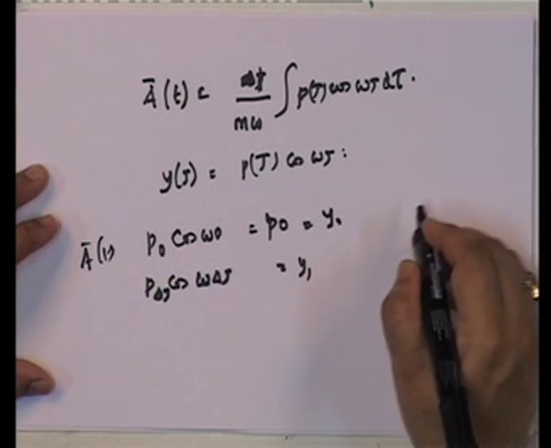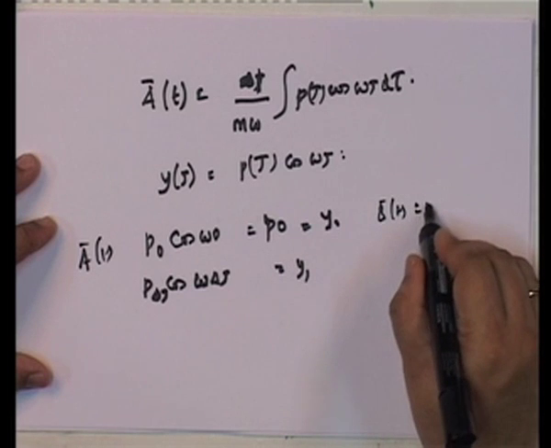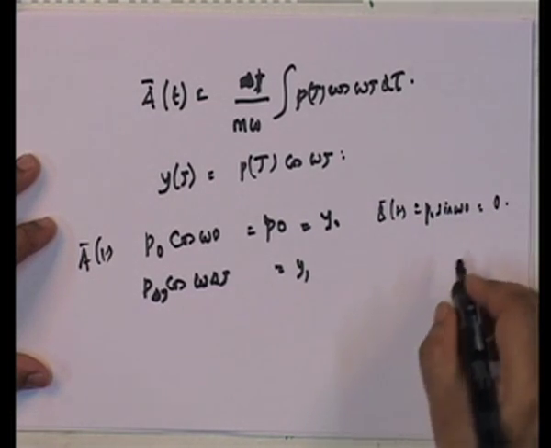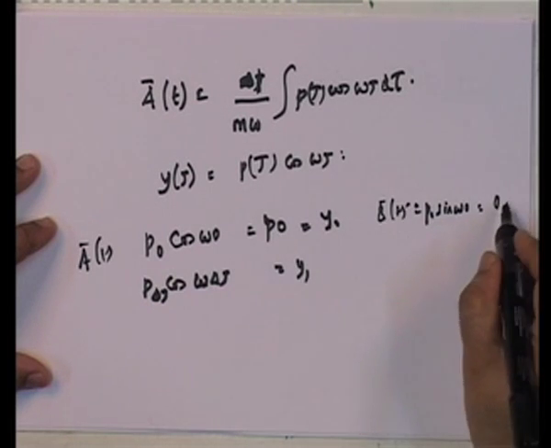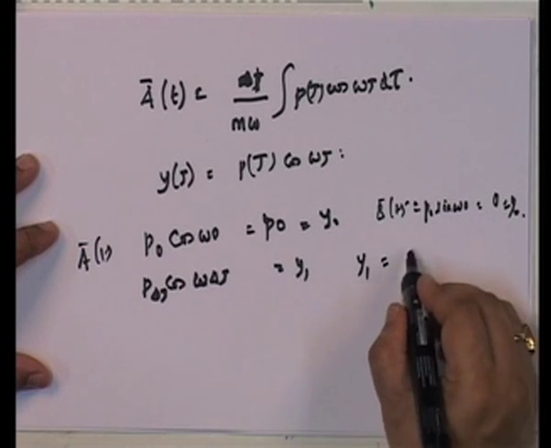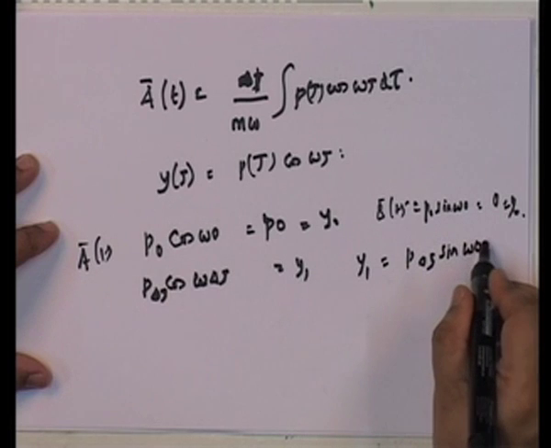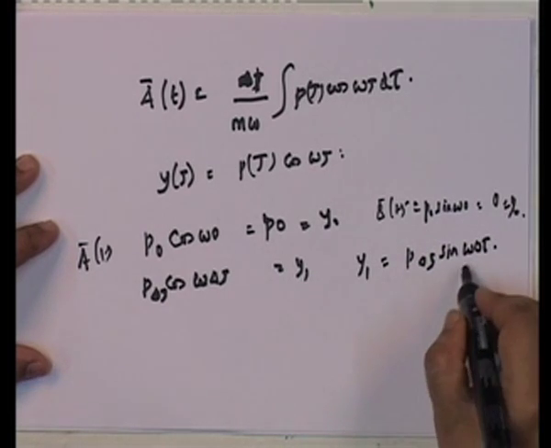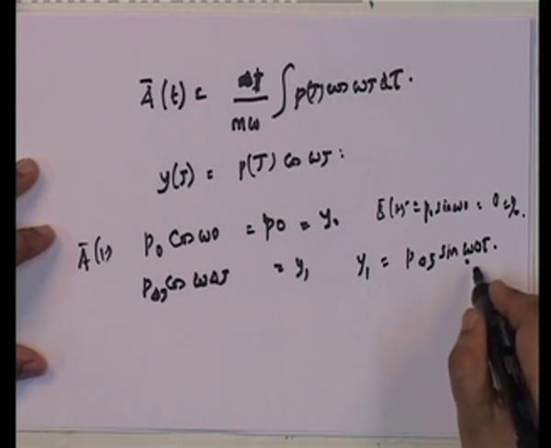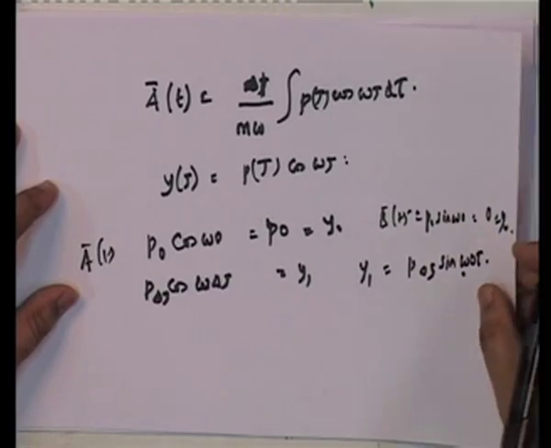Similarly, b bar is going to be equal to p 0 into sine omega 0, that is going to be 0. For b, this is your y 0, and y 1 will be equal to p at delta tau sine omega delta tau, where of course omega is nothing but 2 pi upon T. So this is how the entire thing becomes.